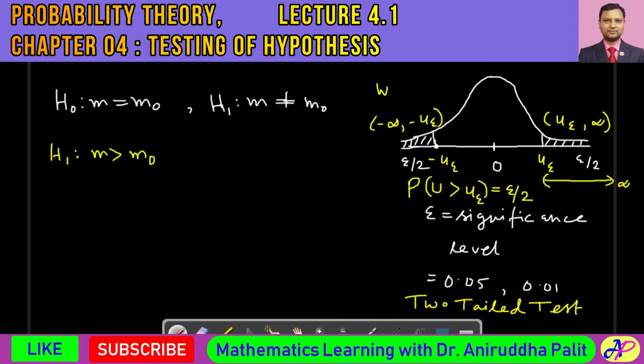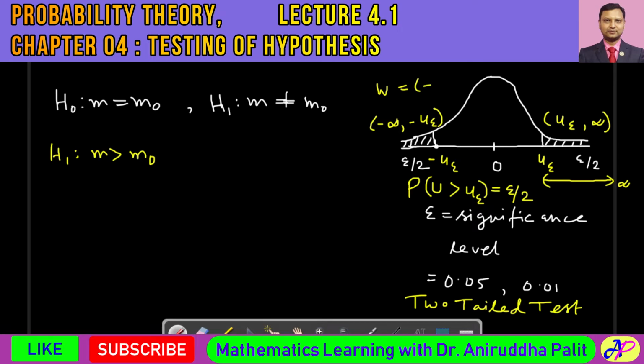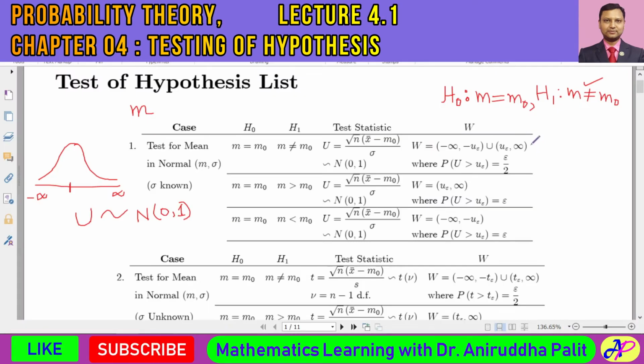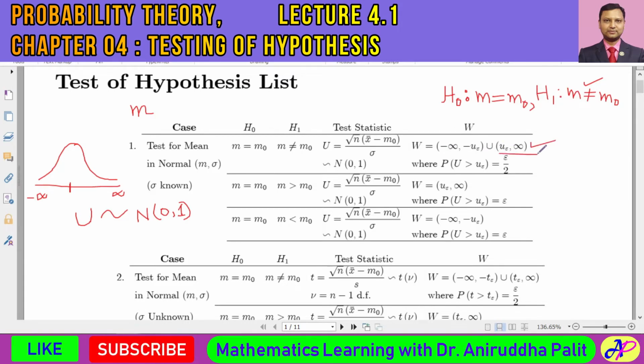It would be the union of these two: from minus infinity to minus u epsilon union u epsilon to infinity. This is the inequality by which we will find the value of u epsilon.